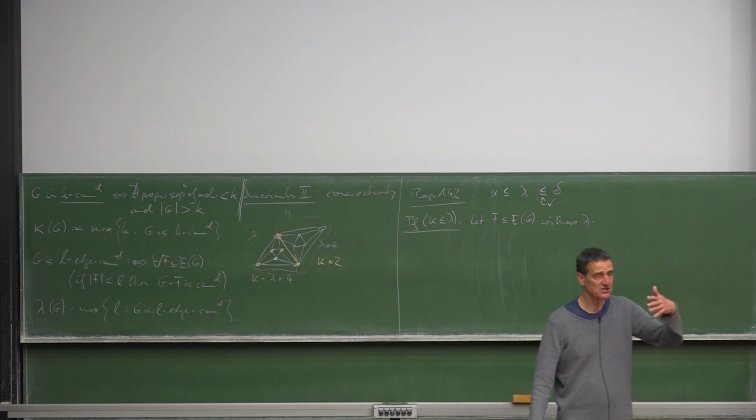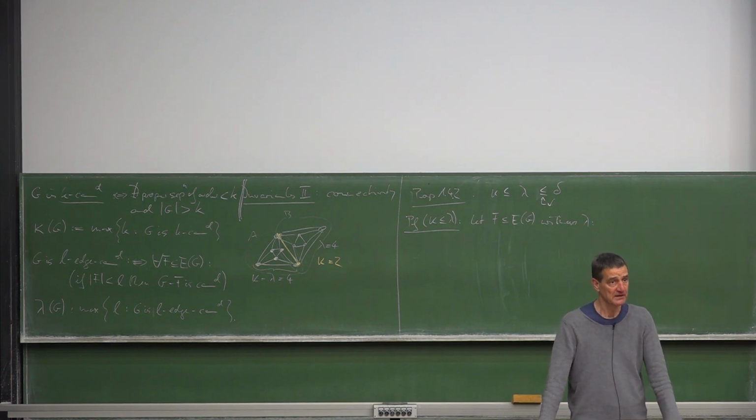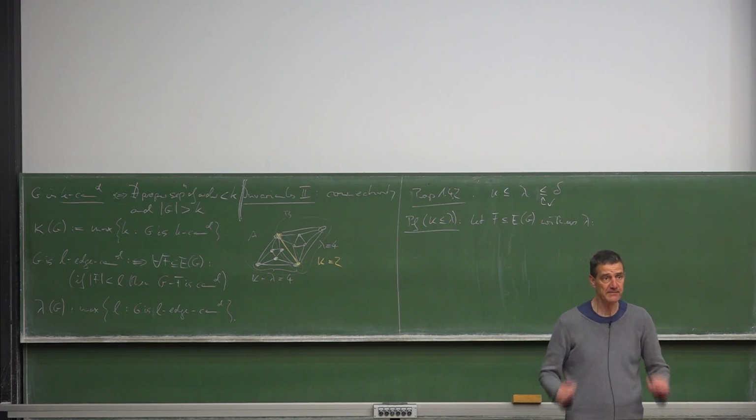So that will be a set of edges that does disconnect the graph. So it would have to be bigger than lambda, but not much bigger. It would have to be one bigger. So a set of edges that does disconnect the graph, and you can see in the graph that you can't disconnect the graph with fewer than order f many edges.